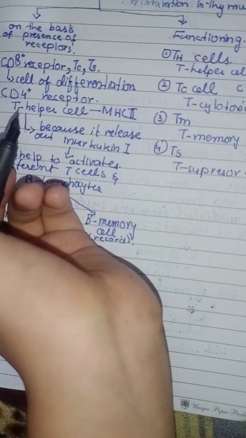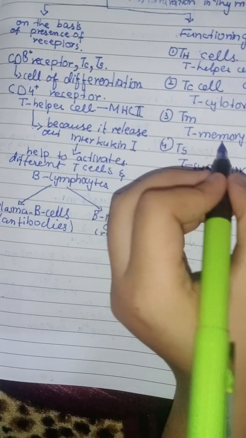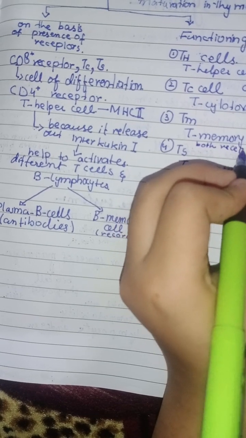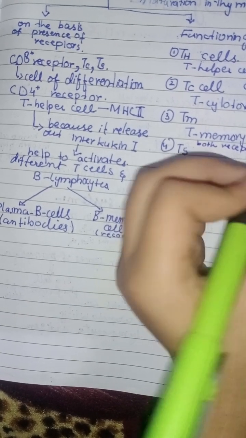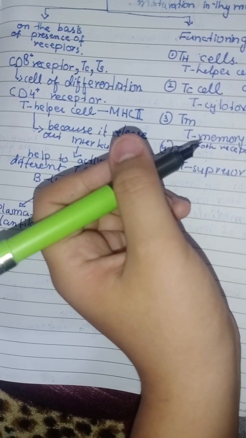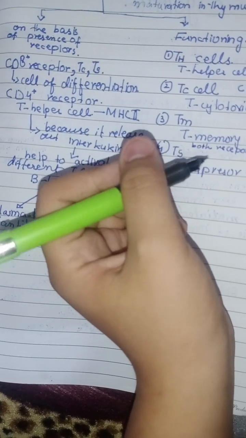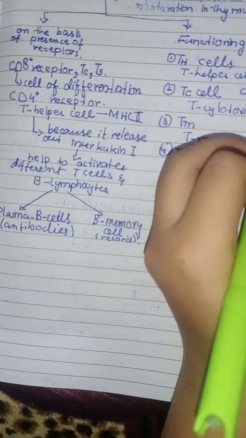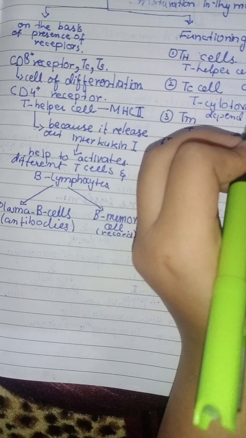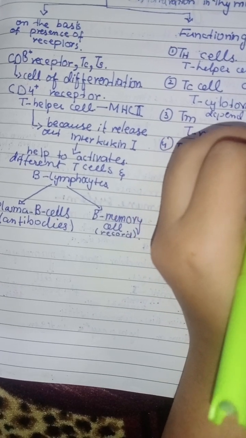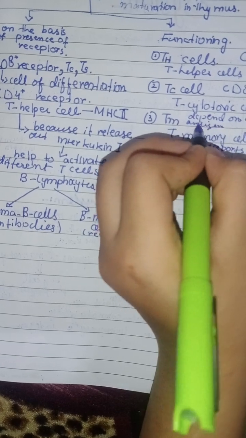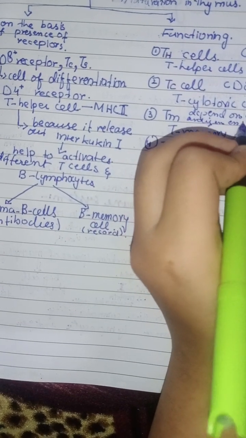Okay, and T memory cell has both receptors. It will depend on which antigen is encountered, depend on which antigen encounter.